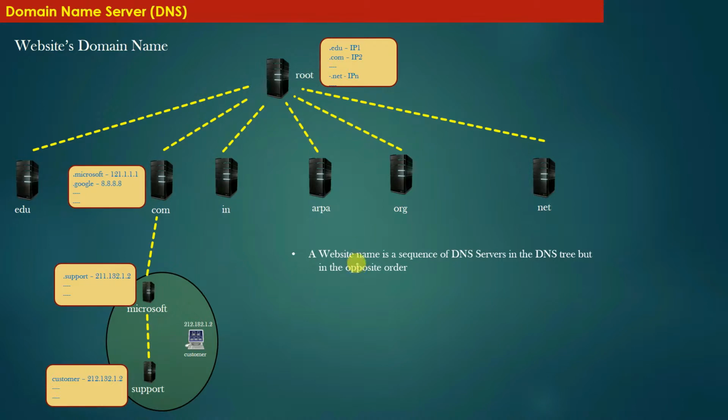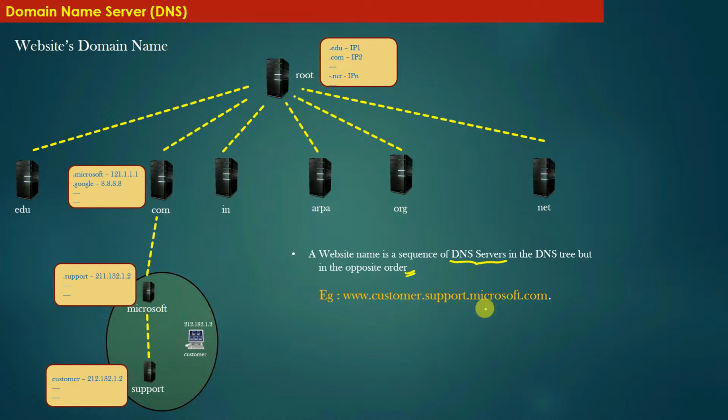A website name is nothing but a sequence of DNS servers in the DNS tree, but in the opposite order. Suppose you have a website called www.customer.support.microsoft.com. Given this name, how does it depend on the DNS tree? Let us try to understand that.